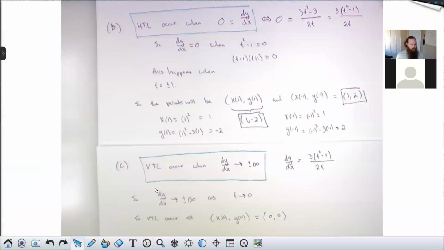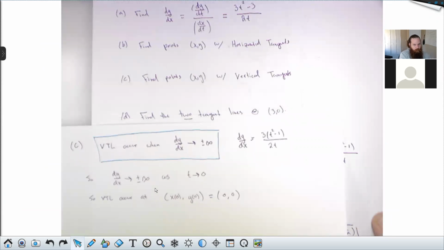Now, the last thing I was going to ask you guys to do here is to find the two tangent lines at the point 3, 0.